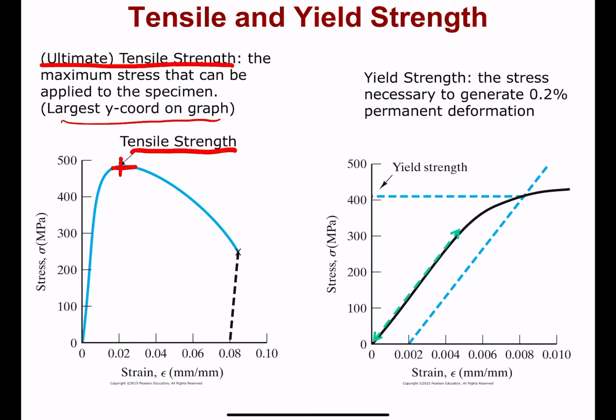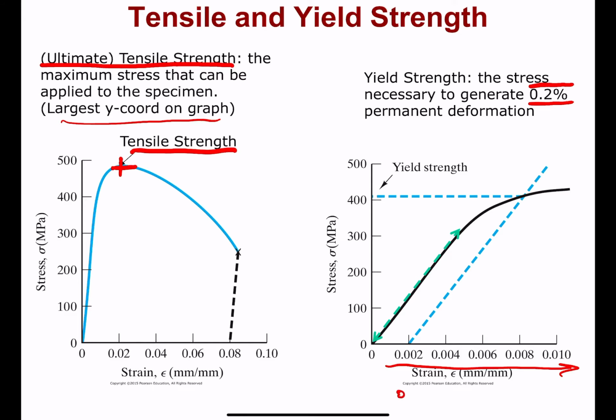Yield strength. This is the one I alluded to just a moment ago, where we were going to register a small amount of permanent deformation. So the convention is to look for 0.2% permanent deformation. Okay, so we saw that percent elongation was the strain times 100%. So thinking about the x-axis values here, moving the decimal point over 2 units gives me percent elongation.